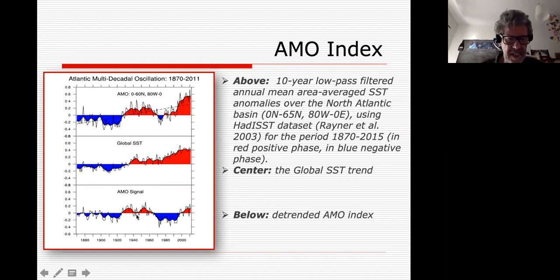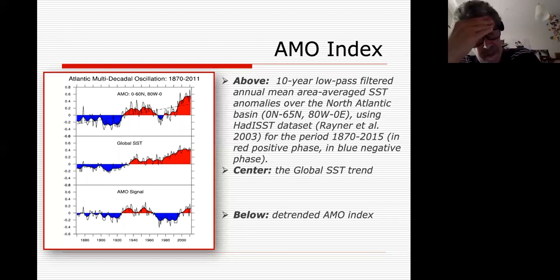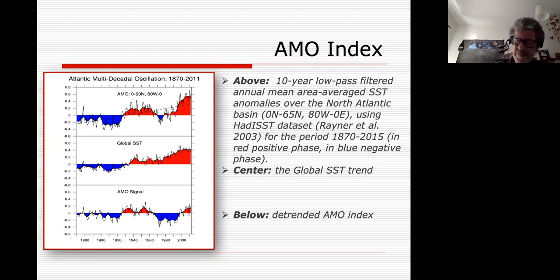And in this case, the detrended AMO signal shows a more regular variation between positive and negative phase.